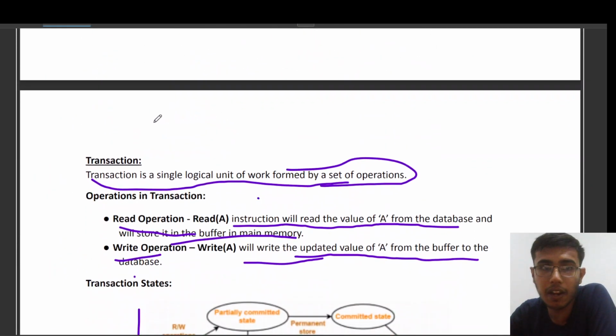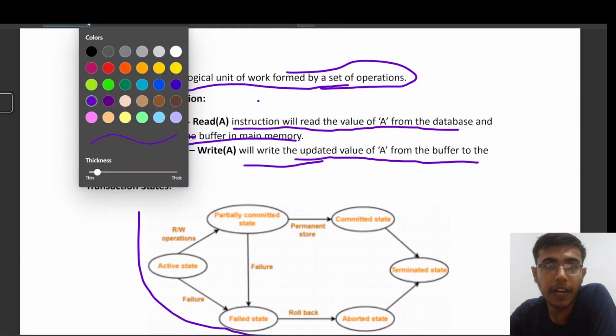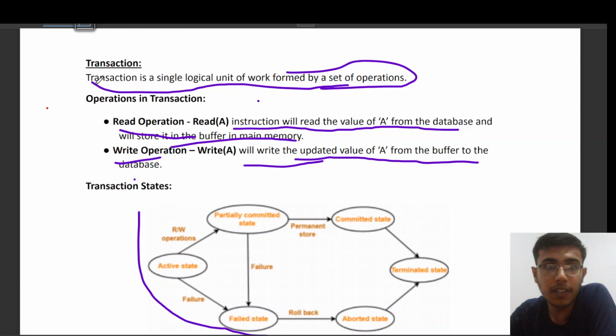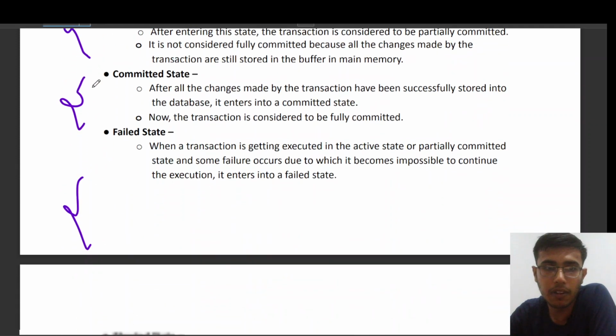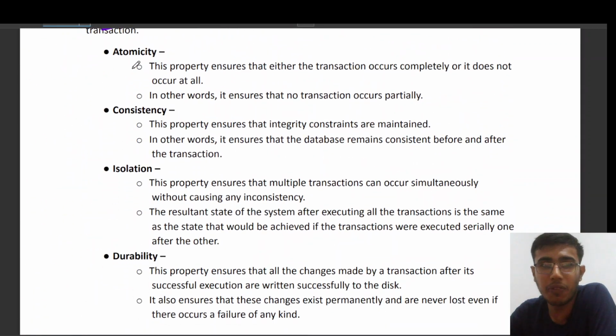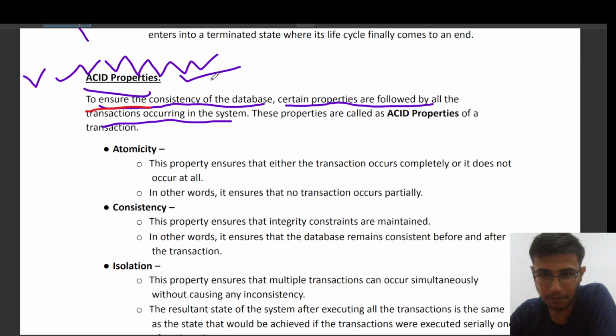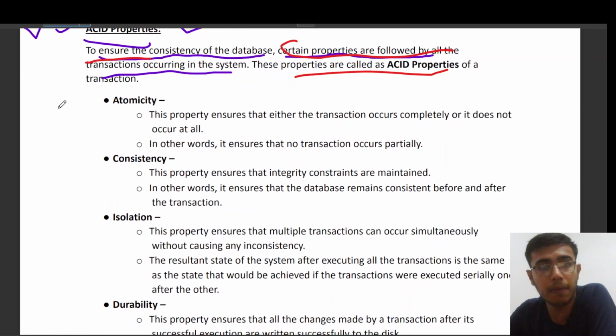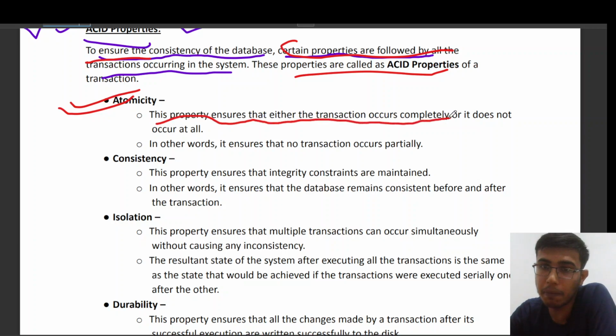We discussed earlier: it is a single logical unit of work formed by a set of operations. To ensure consistency, we follow some properties, which we call ACID properties. Number one is atomicity. This property ensures that either the transaction occurs completely or does not occur at all.